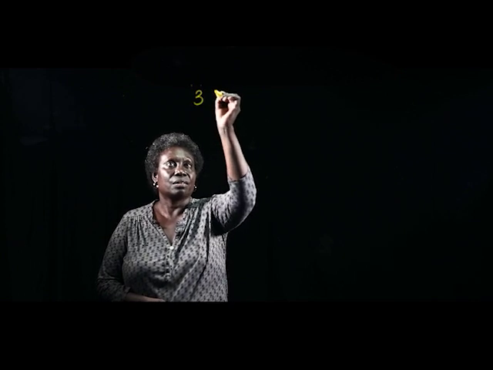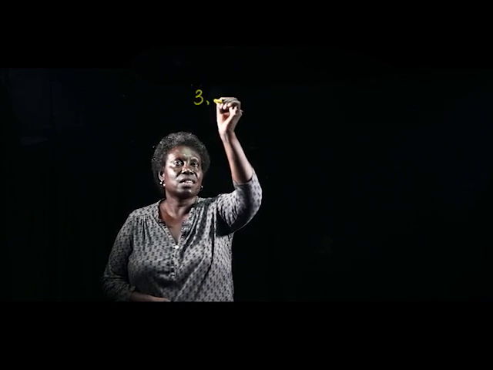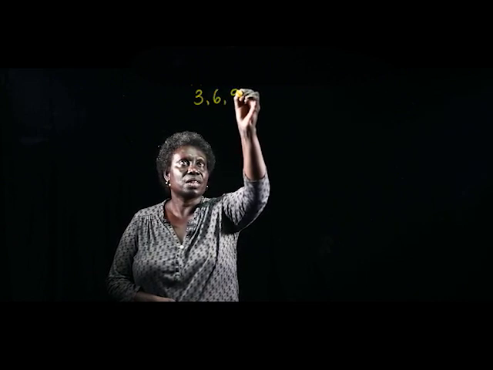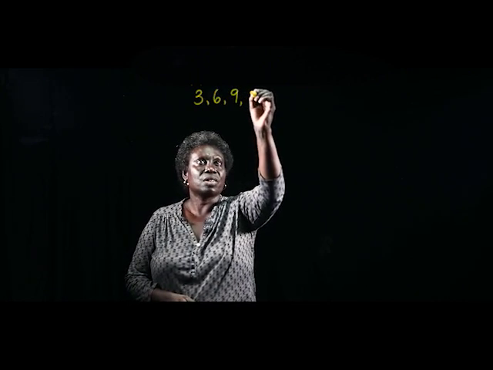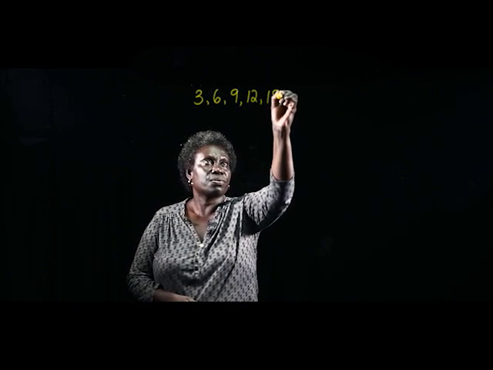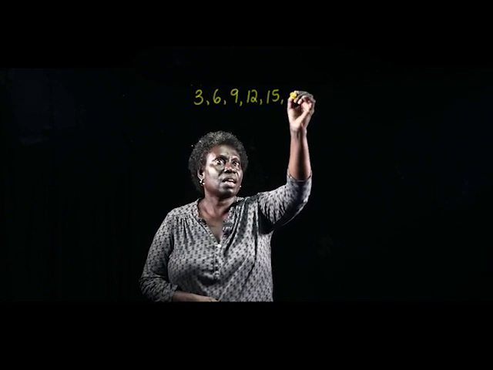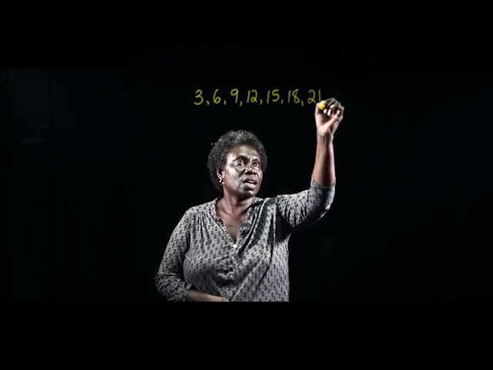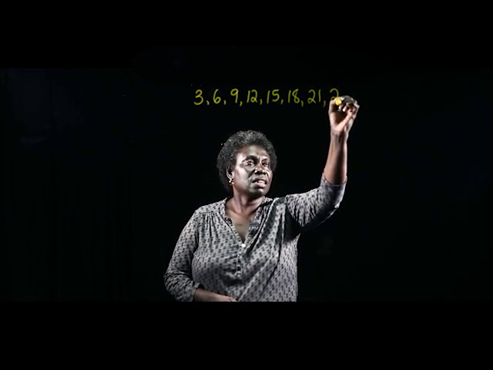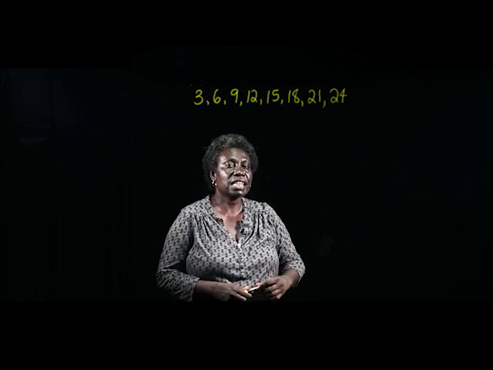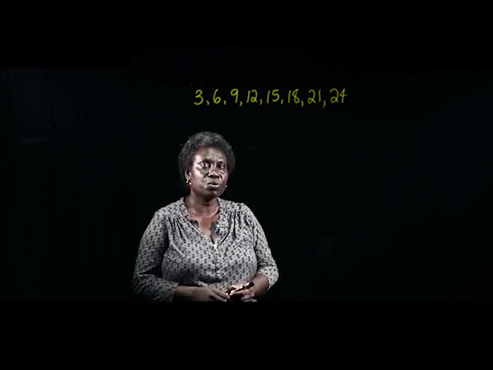Let's start with 3. 3 times 1 is 3, 3 times 2 is 6, 3 times 3 is 9, 3 times 4 is 12, 3 times 5 is 15, 3 times 6 is 18, 3 times 7 is 21, and 3 times 8 is 24. These are the first 8 multiples of 3.